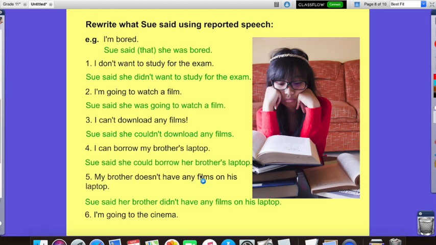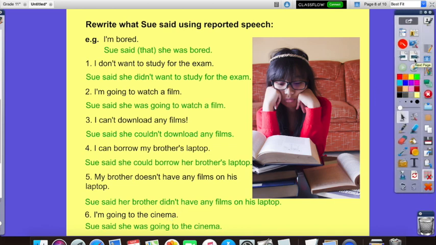And the last sentence, I'm going to the cinema. The correct answer is Sue said she was going to the cinema.